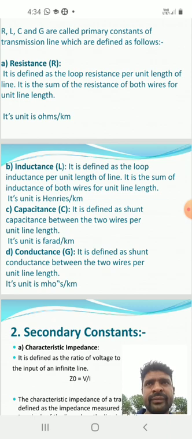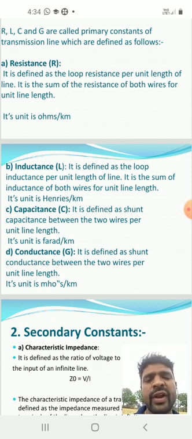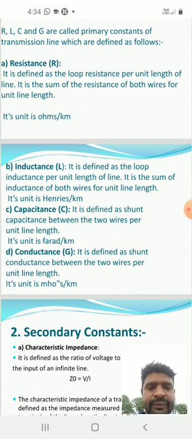That means in an equivalent transmission line diagram, the loop inductance or series inductance for unit length of line is called inductance. Its unit is henries per kilometer.